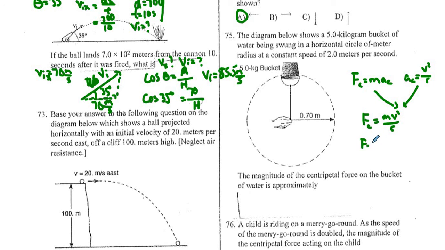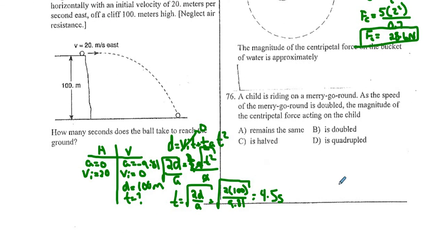And so if I plug in some numbers, I have a mass of 5, I have a speed of 2 meters per second, I square that, divided by 0.7. And so I got 28.6 newtons for my centripetal force.